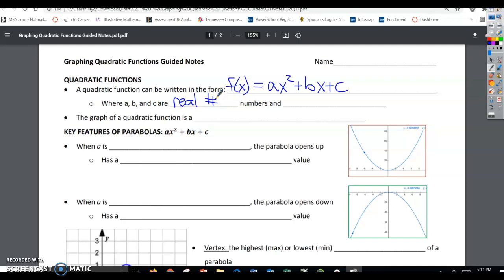And a is usually positive. Now, a doesn't have to be positive, but when we want to factor and use our factors, I can't spell, sorry.